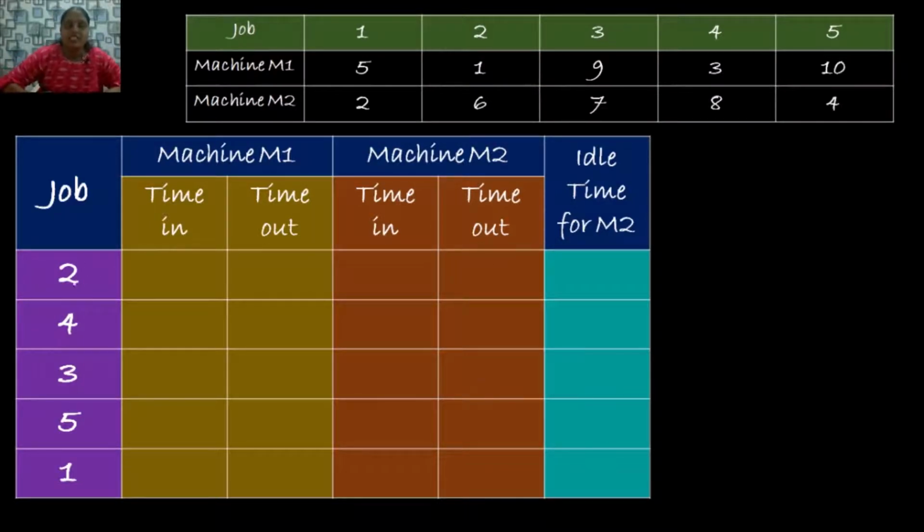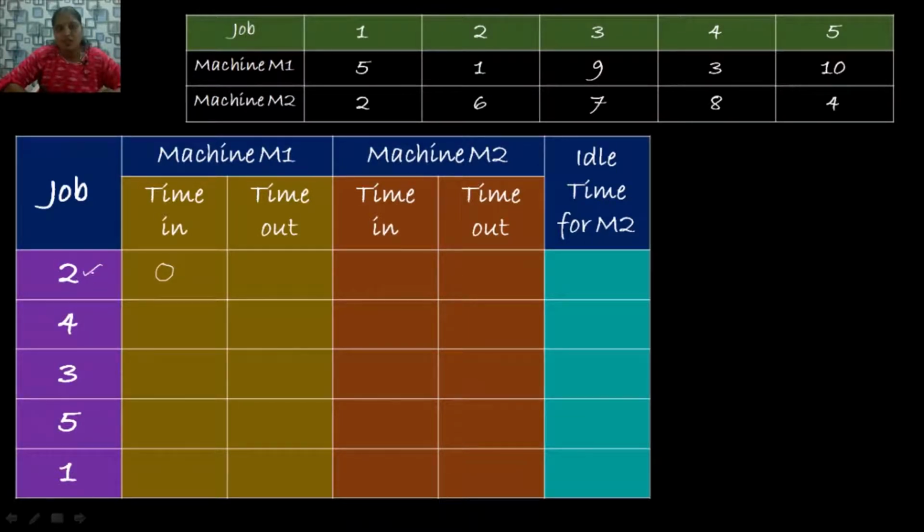Now let me start with the second job, the in time of both machines M1 and M2. We have to start the machines at time 0. So the initial starting time of both machines is 0. After starting both machines, machine M1 immediately has job 2 to process.